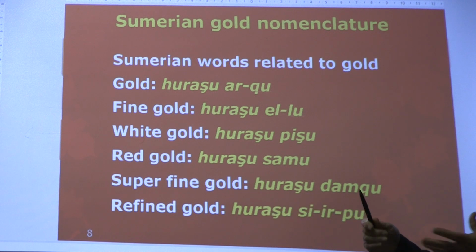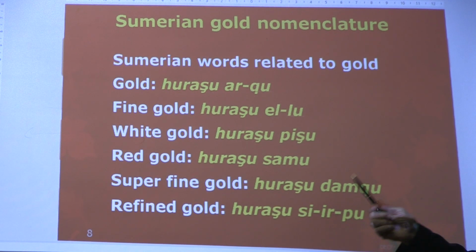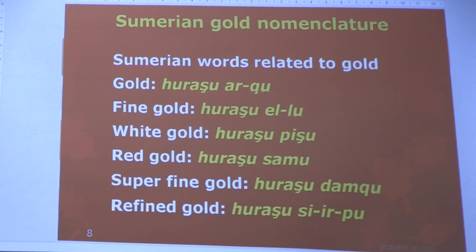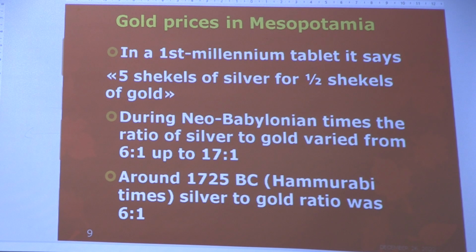And superfine, very pure gold, hurashu damku. I'll talk about damku later. Hurashu siirpu is refined gold after processing, after purifying. We don't see any nomenclature older than this anywhere in the world.